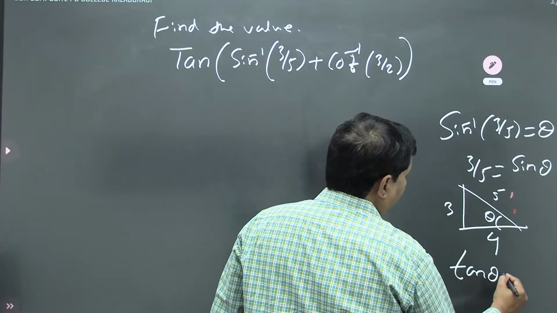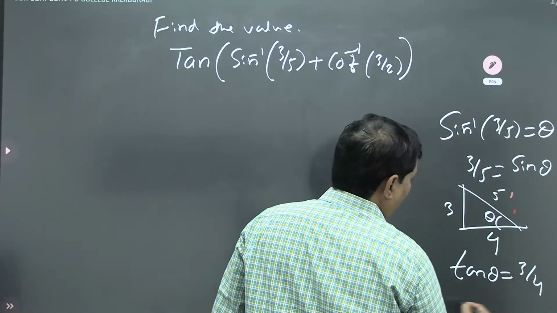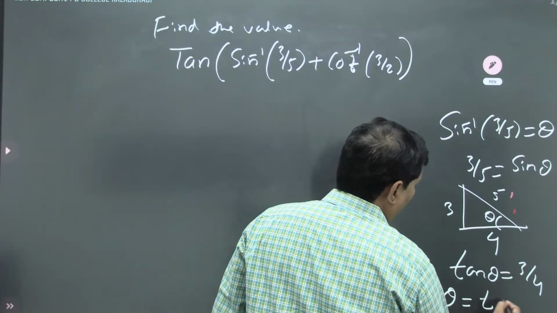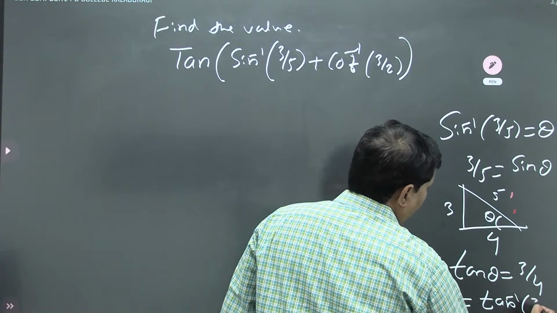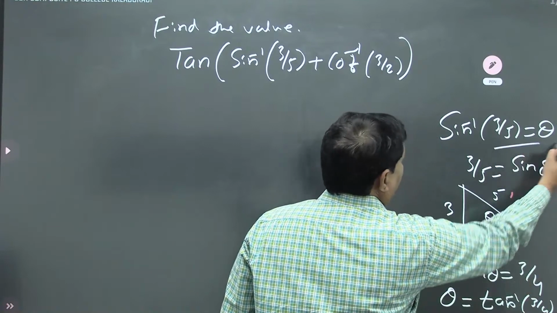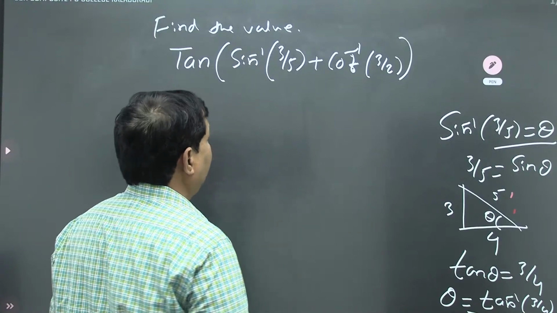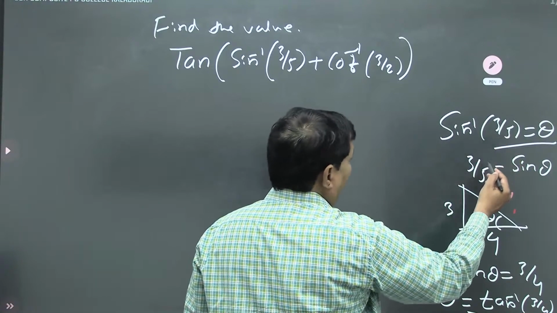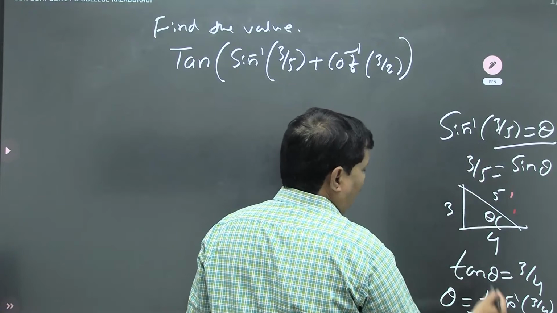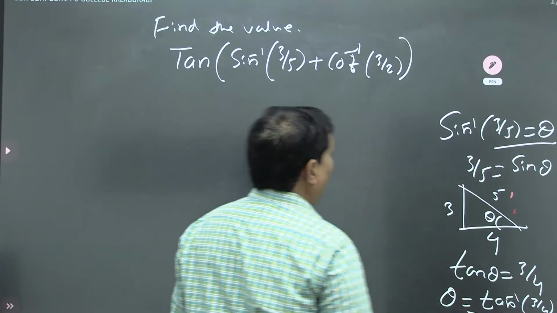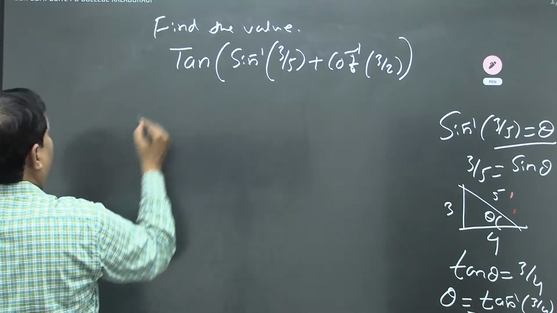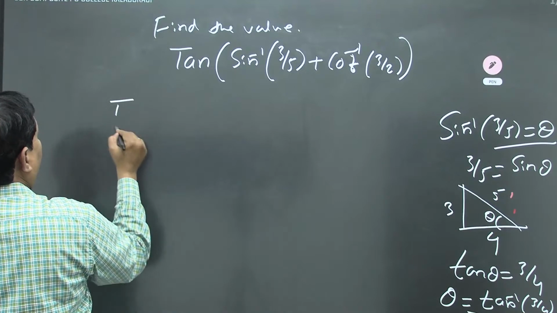Therefore, tan theta equals 3 by 4, so theta equals tan inverse of 3 by 4. Therefore, sine inverse of 3 by 5 can be expressed in terms of tan inverse of 3 by 4. Now I want to take the question here.